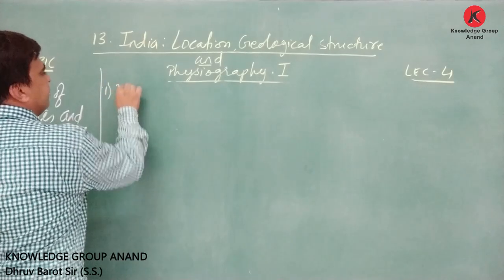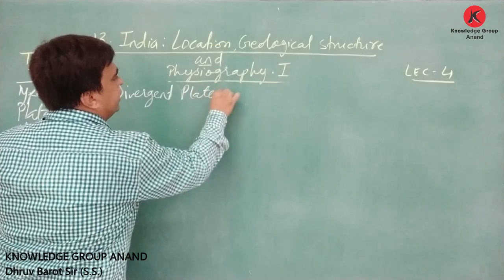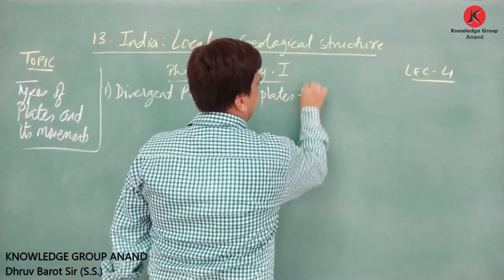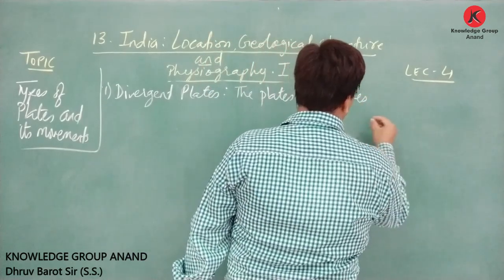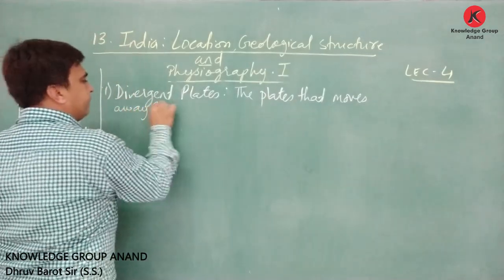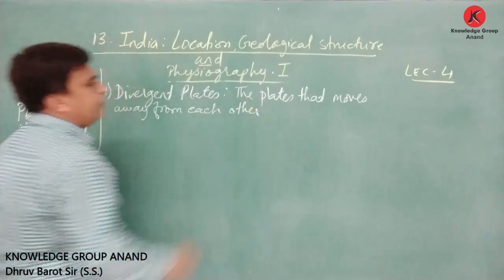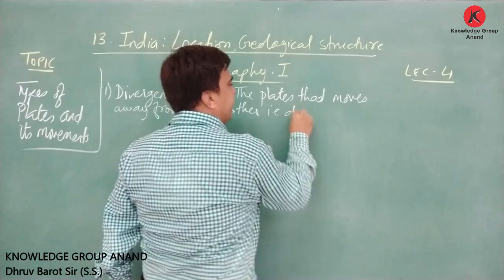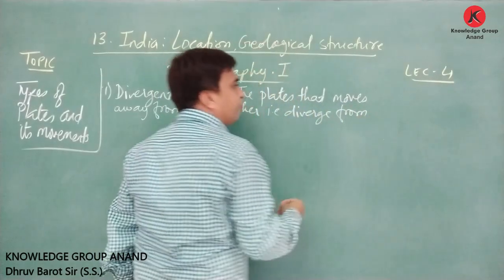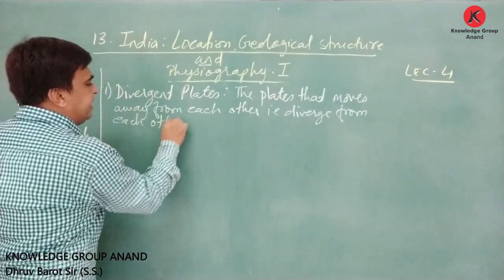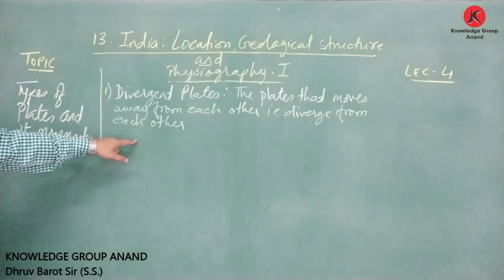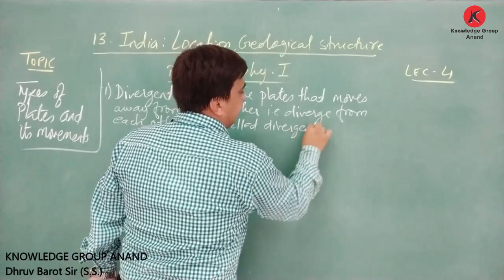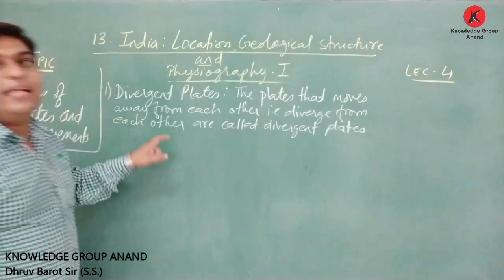First, the divergent plates. The plates that move away from each other, that diverge from each other, are called divergent plates. Let us understand the definition first, then I will explain the divergent plates in detail.